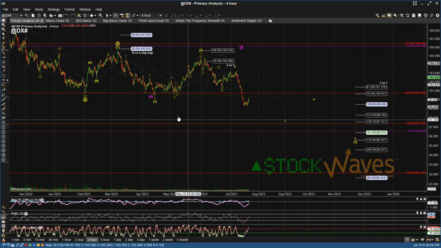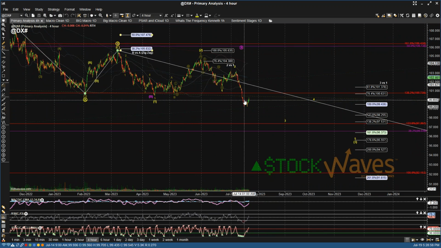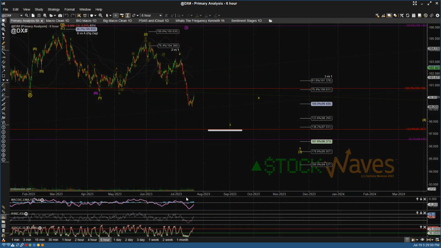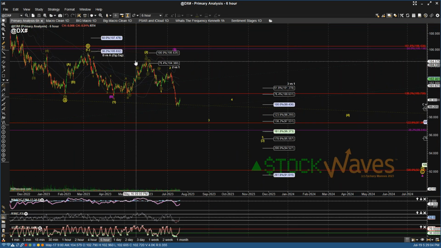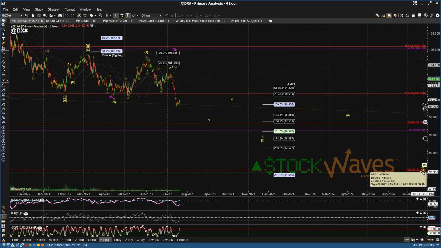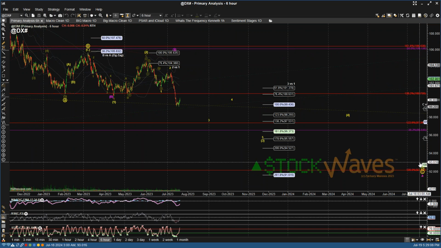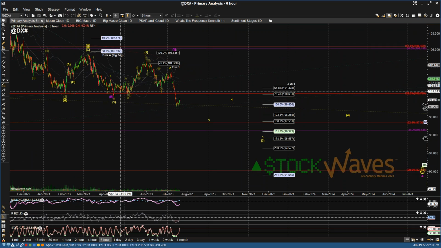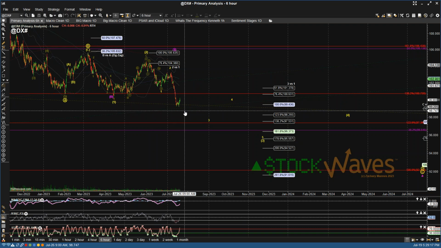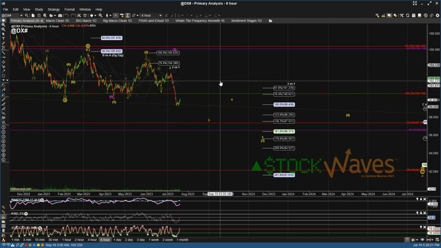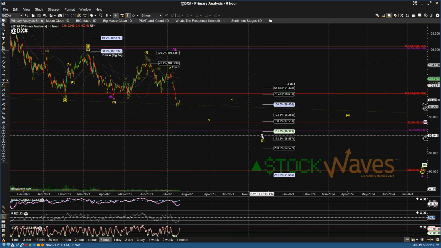So it is possible that this larger C wave that I've been looking for in the dollar, this larger C wave here at the primary degree targeting the low 93 region, is actually a diagonal. So this can still be the 1, 2, but this could be working on an A wave of the third, and then getting a B wave bounce, and then a C wave down.